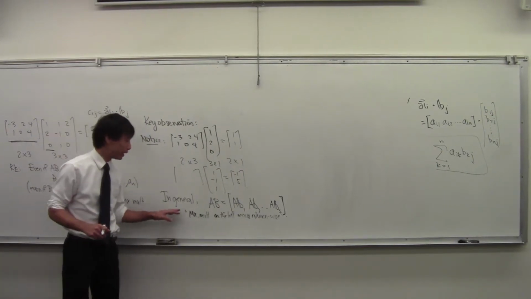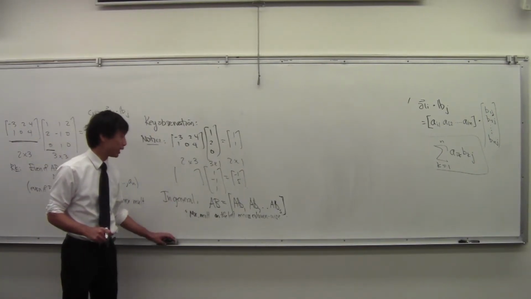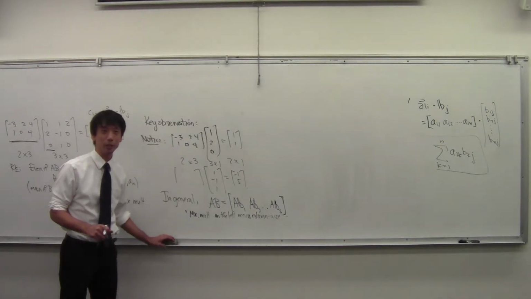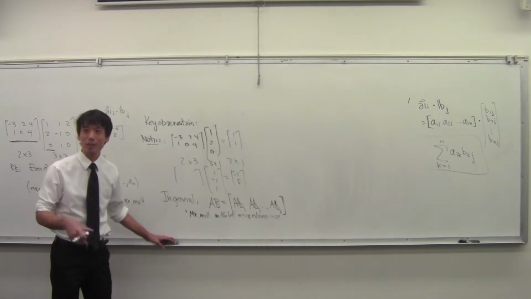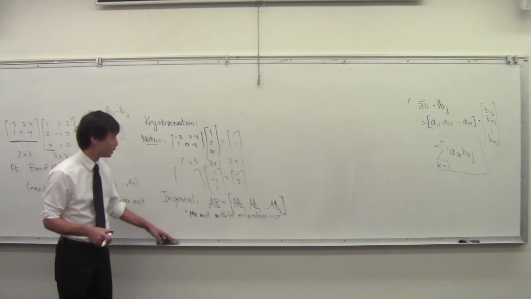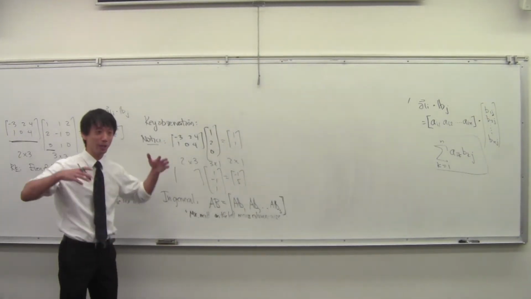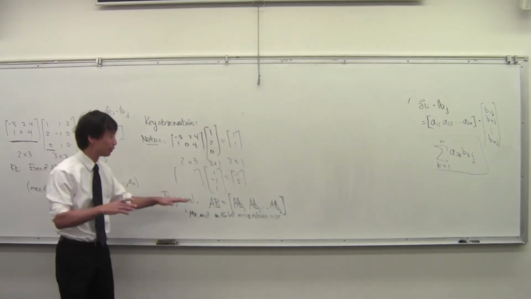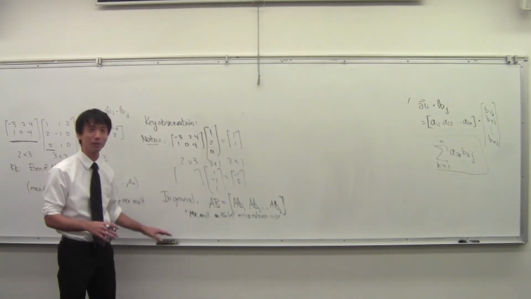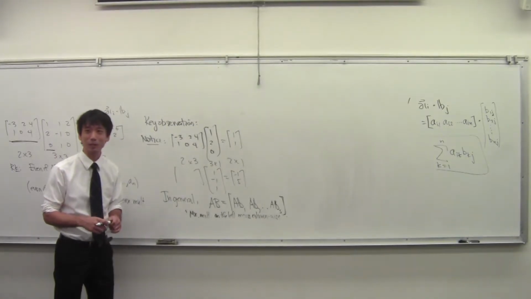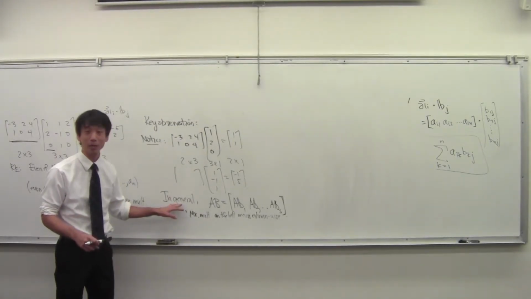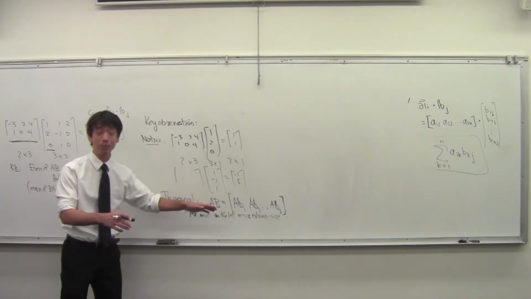Another thing I should say is that when you say "in general" in normal English, it usually means there's some exception. But when mathematicians say "in general," it actually means in the general case, like the general principle. So it's completely different from how people use it in English. So watch out. If I say in general, I don't mean that there's some exception.